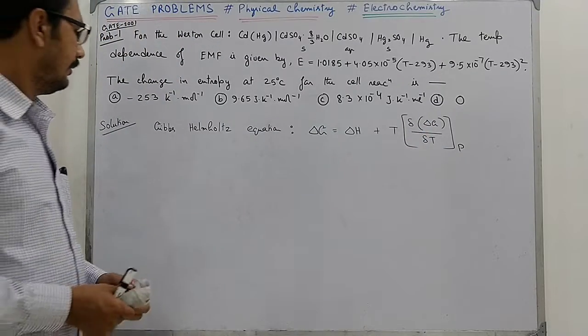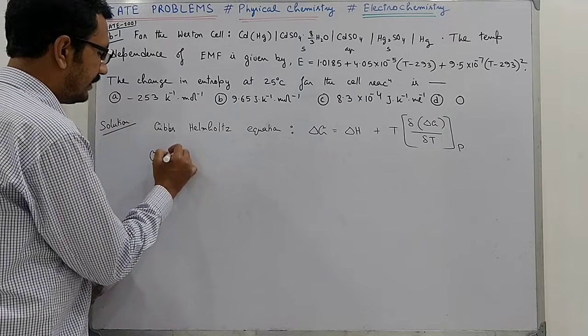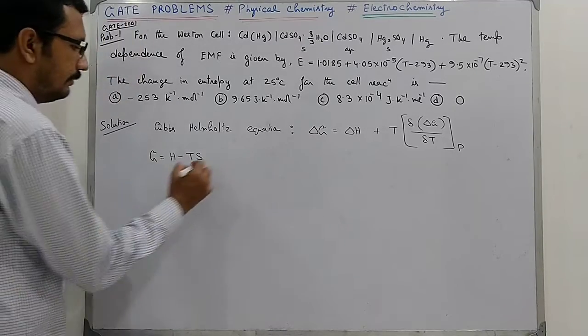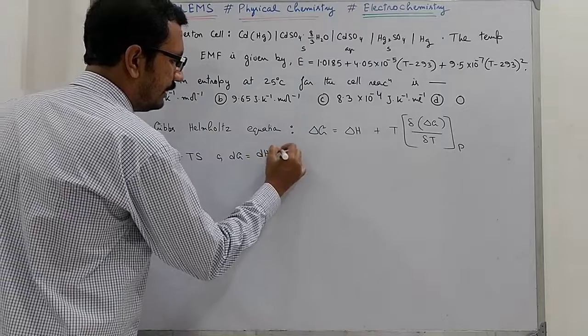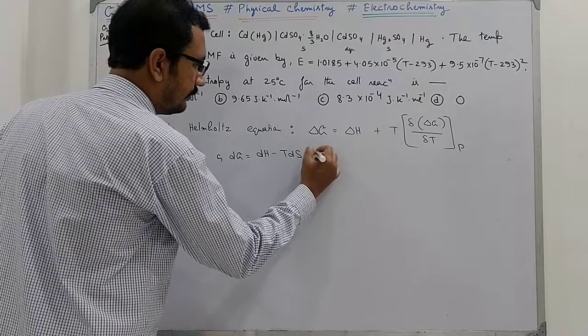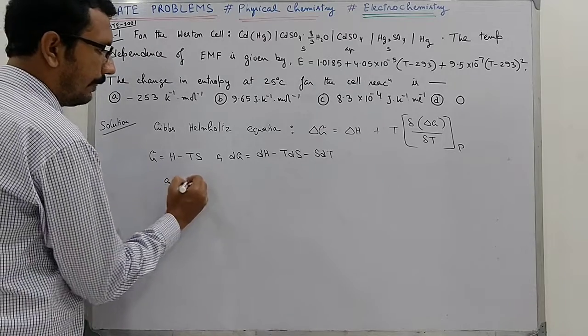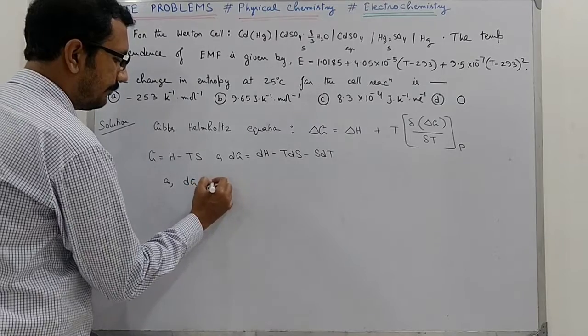pressure. Now you all know the expression of G, which is G equals H minus TS. So dG will be dH minus TdS minus SdT. Now we will carry out the entire process at constant temperature and pressure.